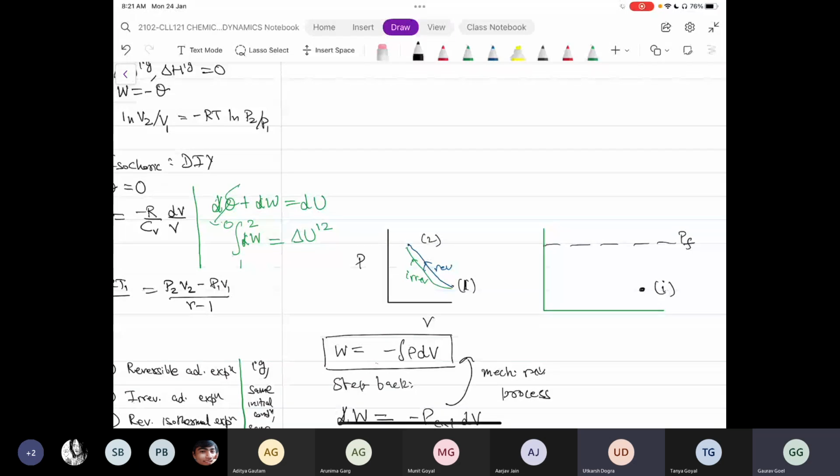And now I will compare efficiencies of different compression processes. Because in compression, what is more important is the final pressure you are obtaining. Okay. So final temperature is not a design parameter in compression. Typically, the lower the value of final temperature, the better your efficiency, because that would mean less heat got generated.